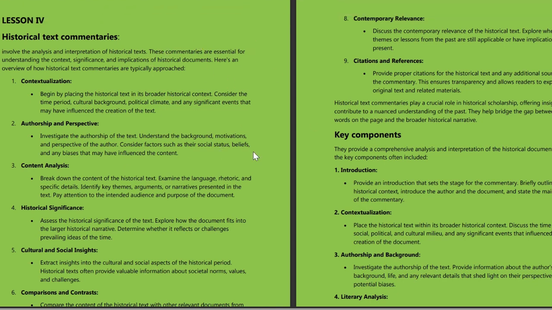Remember, this commentary is essential for understanding the concept, context, significance, and implication of historical documents. So let's talk about an overview of how historical text commentaries are typically approached.